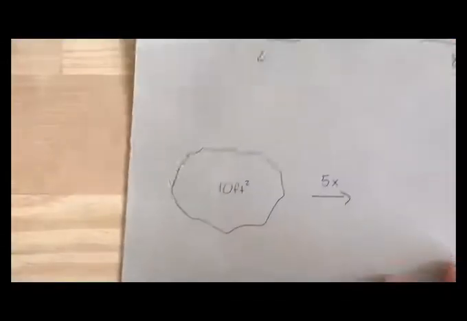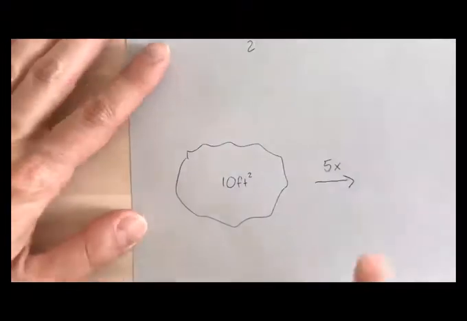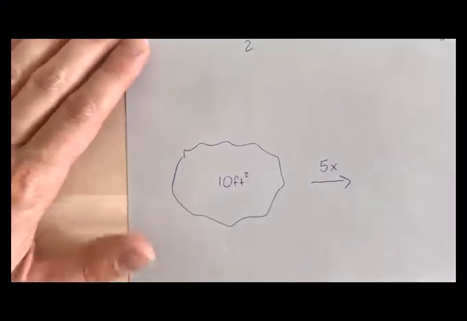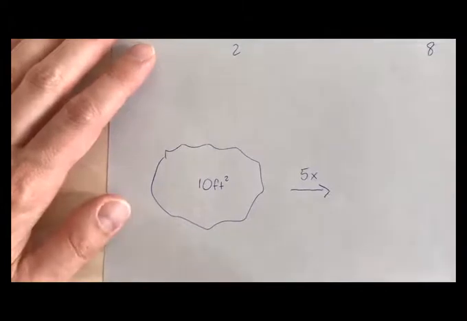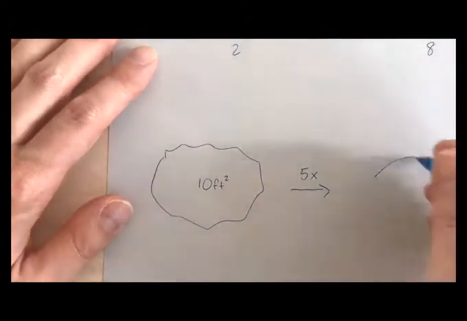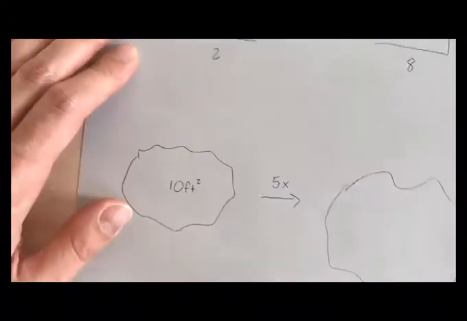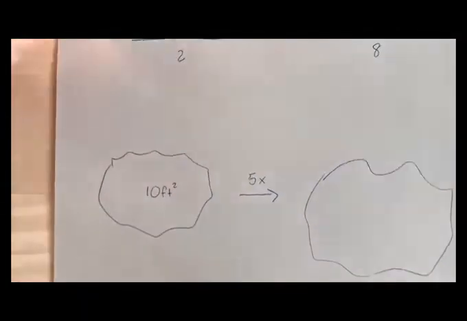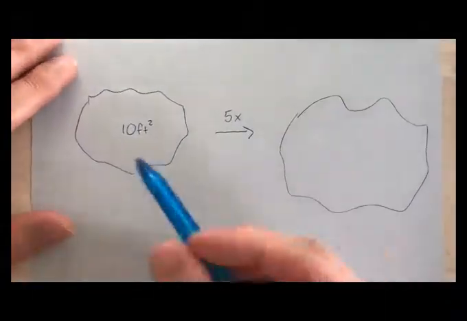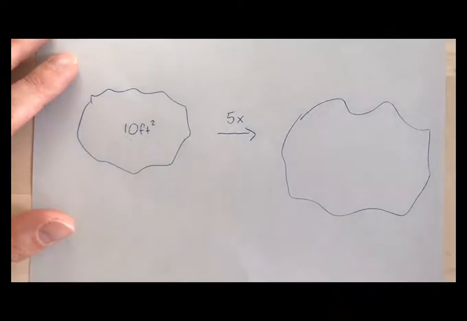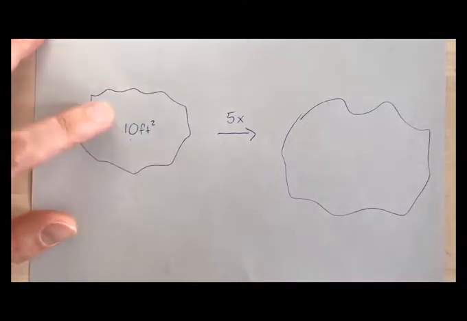So for instance, I don't know anything about the lengths of this shape. I just know what the area is. It's 10 feet squared. I want to make this weird gobbledygook thing 5 times bigger. What would the area of the new shape be? And it's not going to just be 10 times 5. So what do you suppose it is? How many times bigger would I have to multiply 10 by?